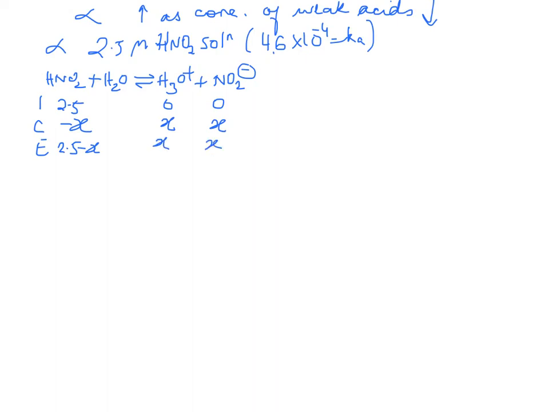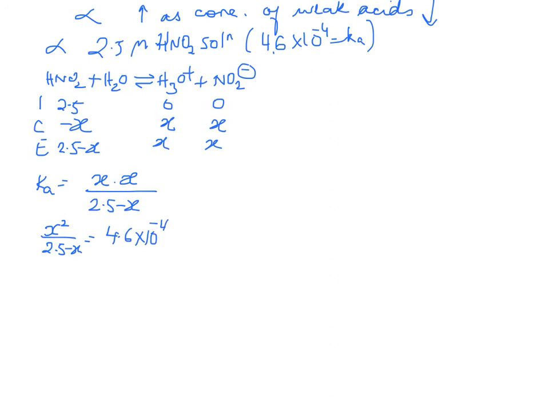So Ka is equal to hydronium, which is x, times nitrite, which is also x, divided by HNO2, which is 2.5 minus x. When you plug in the numbers, x squared over 2.5 minus x is equal to 4.6 times 10 to the negative 4.